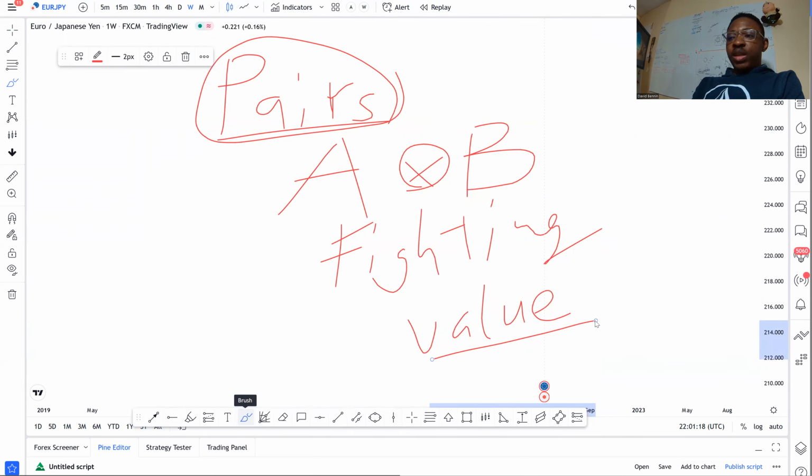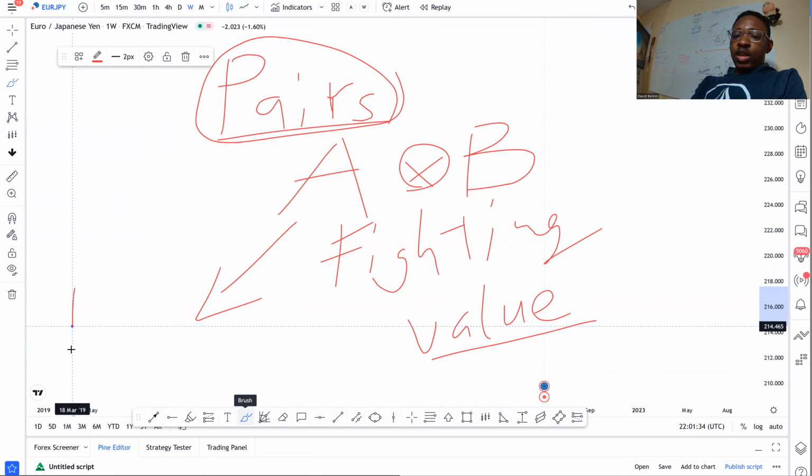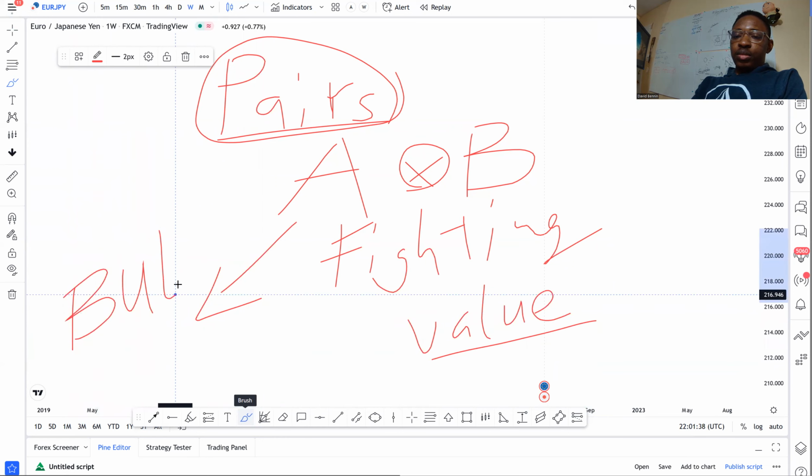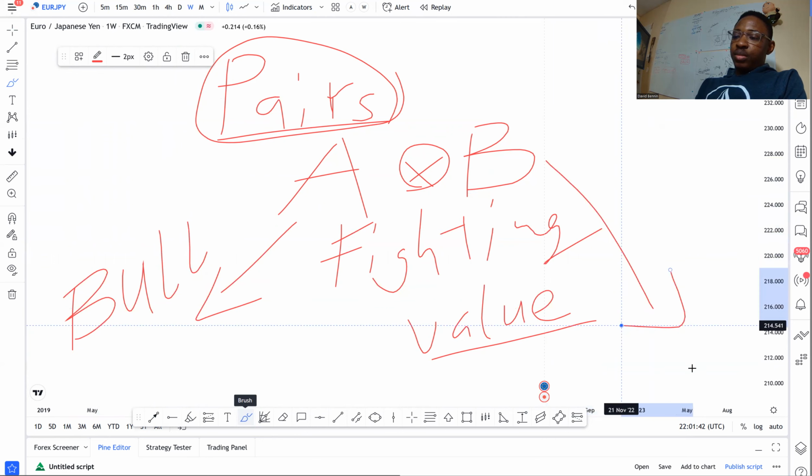These two teams have been named after two animals, based on the way those animals work. It's very similar to the way these two teams behave. So you have what we call the bull team, and then we have the bear team.